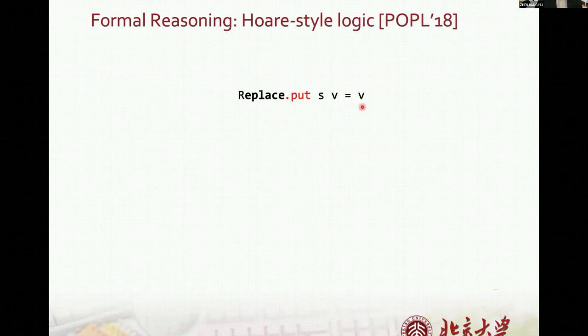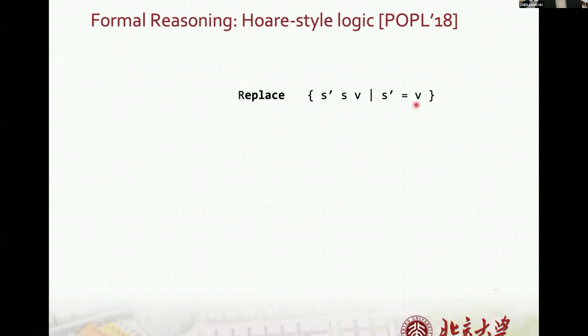Now you can write this property as: what is the precondition for replace, and what is the postcondition? The postcondition is that for the output, we have the updated source, original source, and view, this triple. This triple has the property that S prime should be the same as the updated view.